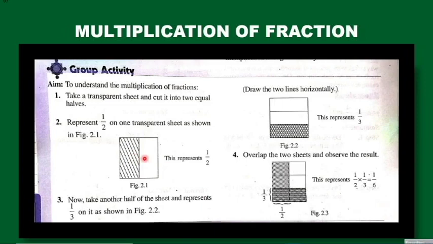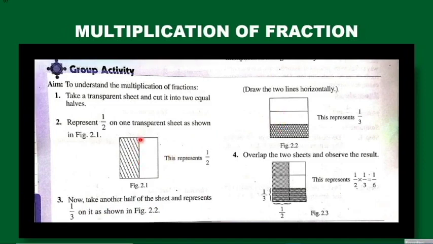As you see, this represents 1 by 2. Now we have to represent 1 by 3, because in this activity we are multiplying 1 by 2 by 1 by 3. So take the other half of the sheet and represent 1 by 3 on it. For the second half, divide the sheet like this, 1, 2, 3.